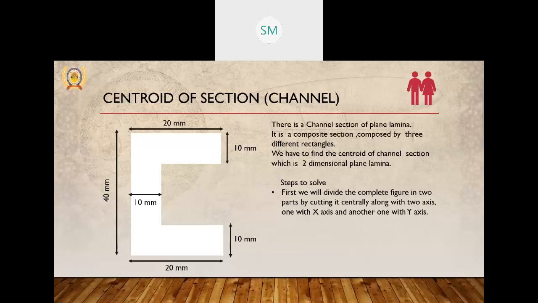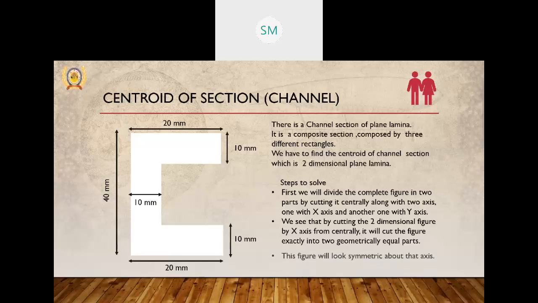Now we have to check the symmetry of the figure by cutting it into two geometrically equal parts. If the figure is symmetrical about any axis, the centroid will lie on that axis. That is called the line of symmetry. By cutting through the x-axis, we see that the figure is divided exactly into two geometrically equal parts.